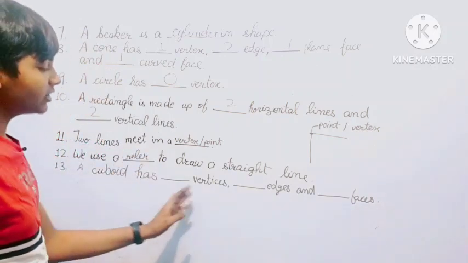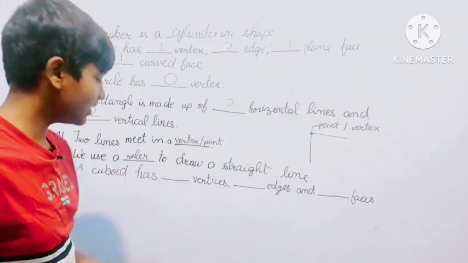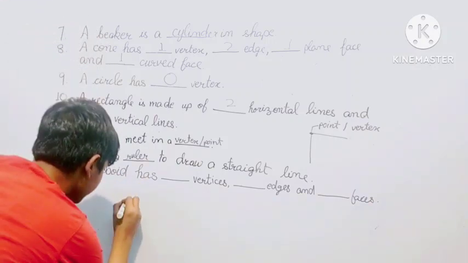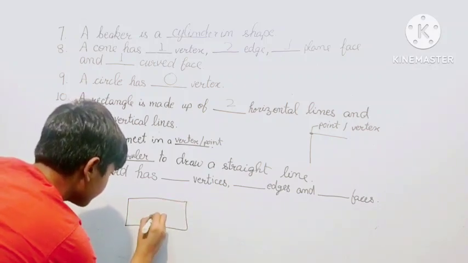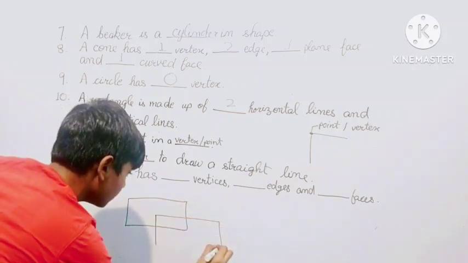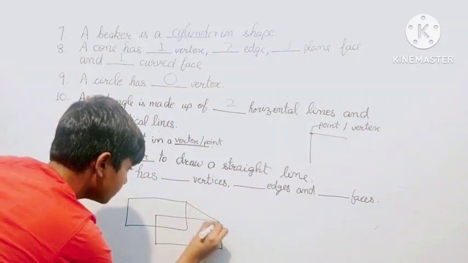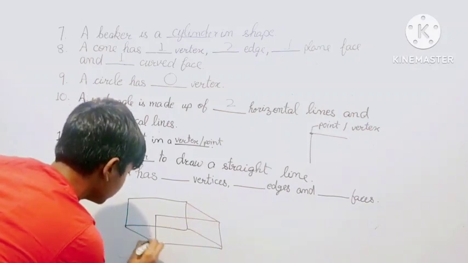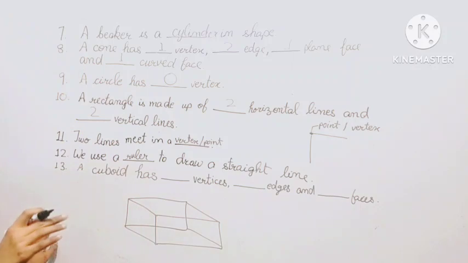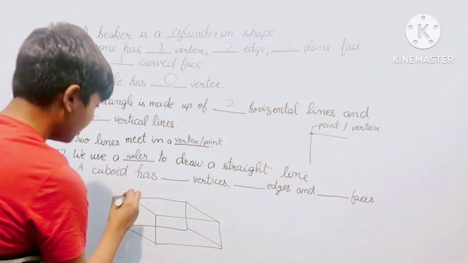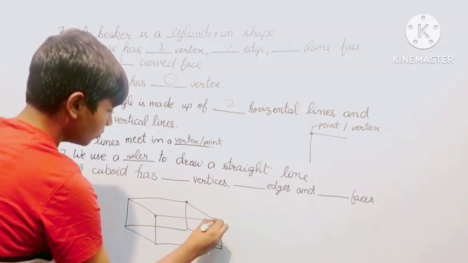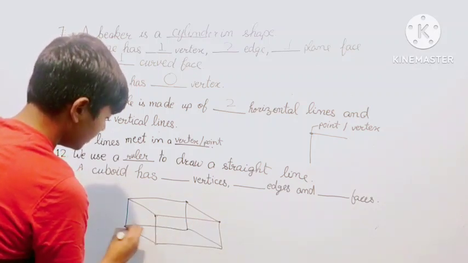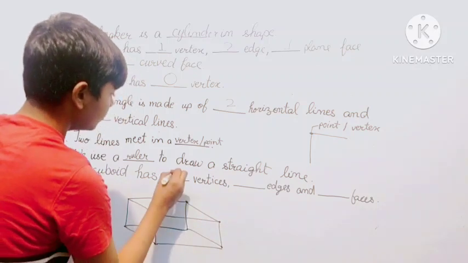A cuboid has dash vertices, dash edges and dash faces. So let's draw a cuboid first. In this cuboid, let's see how many vertices it has. There are 1, 2, 3, 4, 5, 6, 7 and 8. There are 8 vertices.